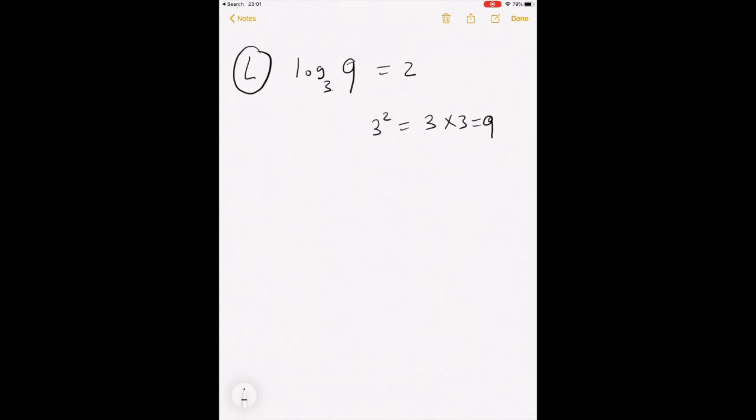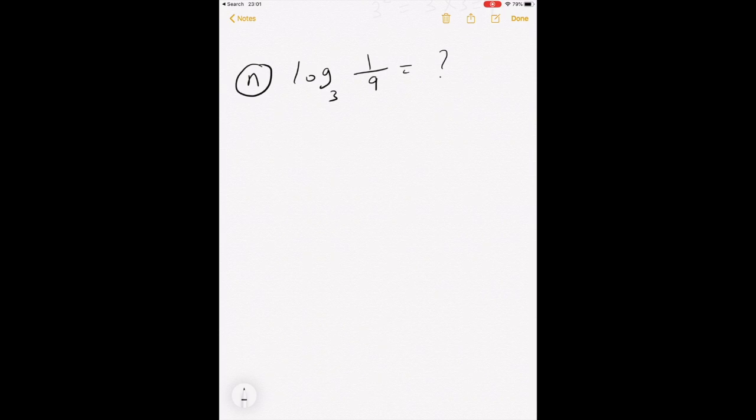Let's look at n. Actually, n is interesting, because it is log to the base of 3 for 1 over 9 equals something. Now let's express 1 over 9 in a different way, because 1 over 9 is actually 9 to the power of -1. Why is it to the power of -1?